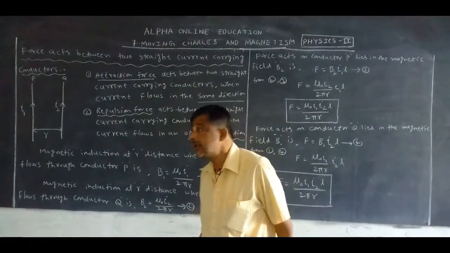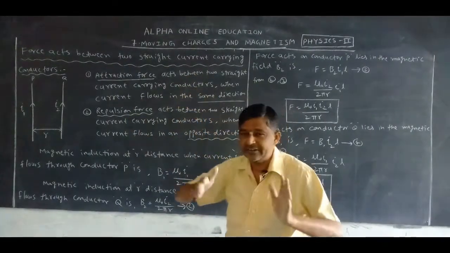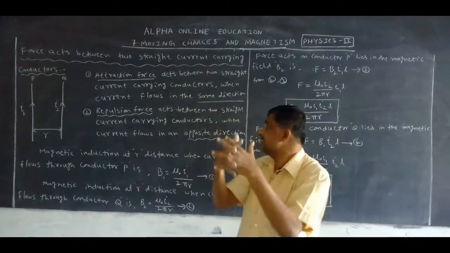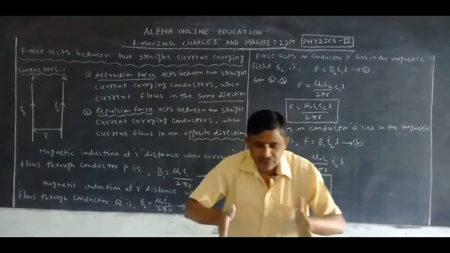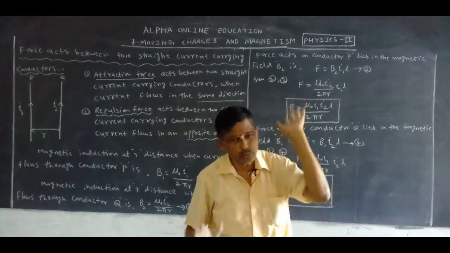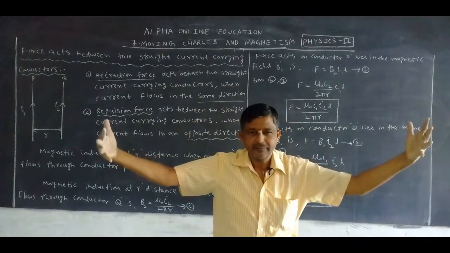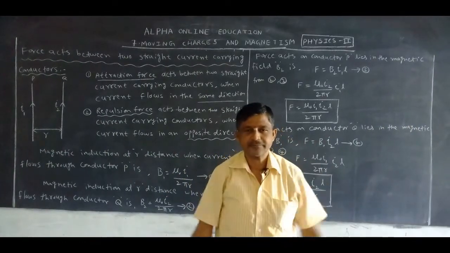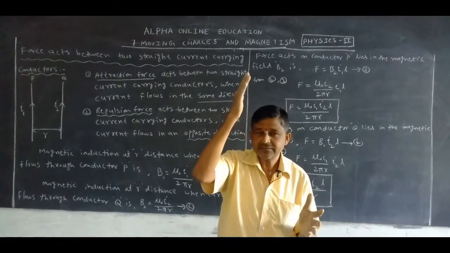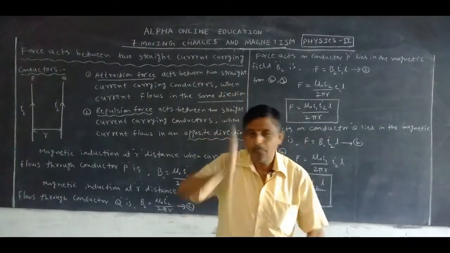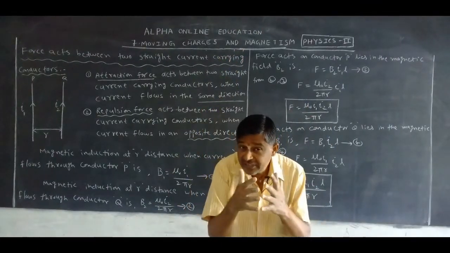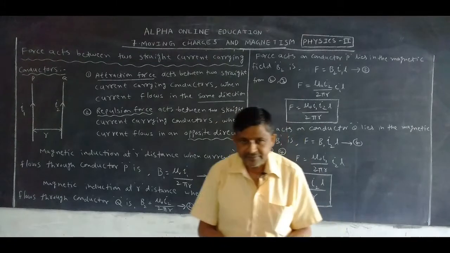Number 1, attraction force acts between two straight conductors when current flows in the same direction. Through P and through Q, current in the same direction, between them attraction force acts.